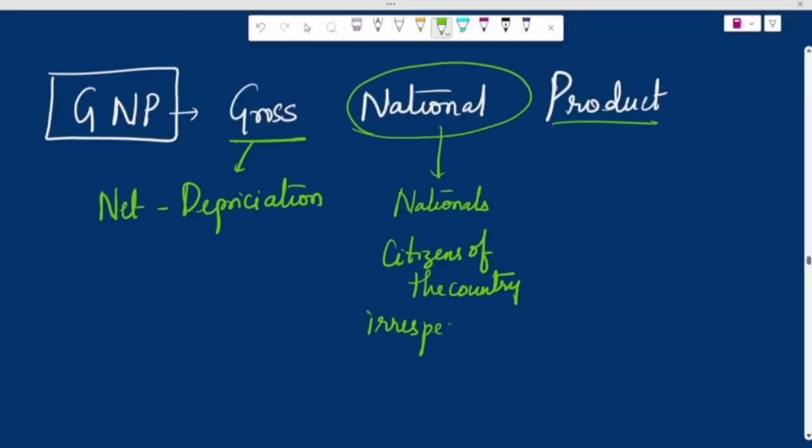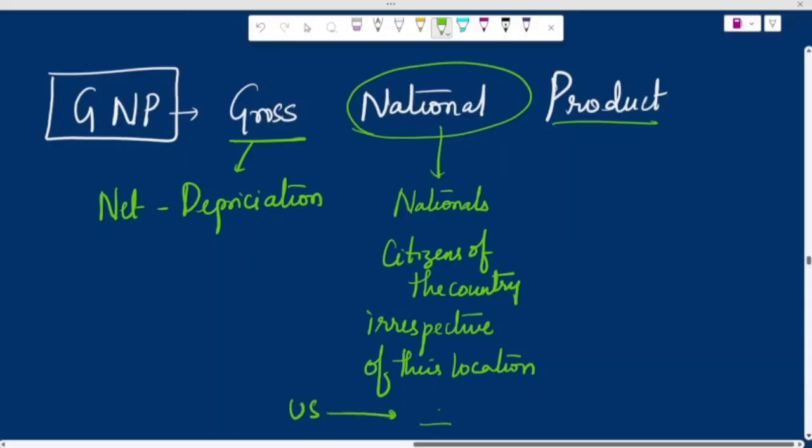If my friend is in the US and if he is producing some goods or services there, if he is working as a software engineer, it can be considered as a service. Then his service also can be considered as gross national product.